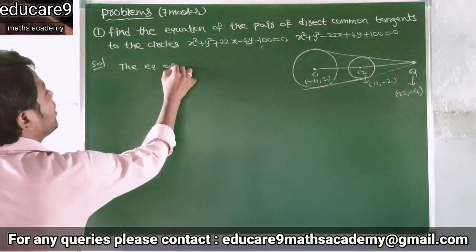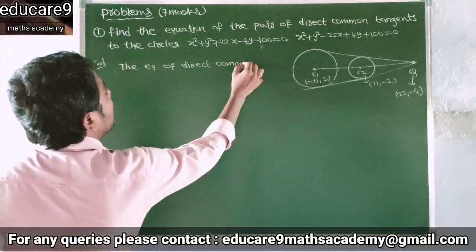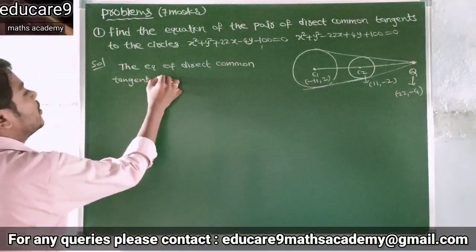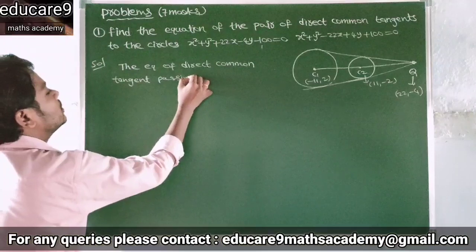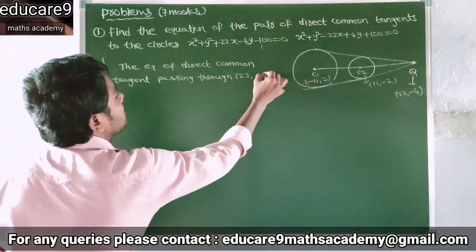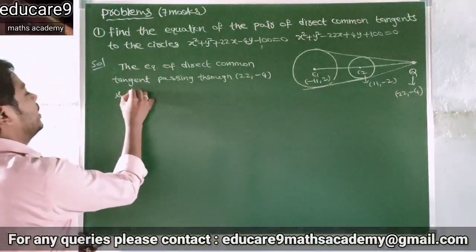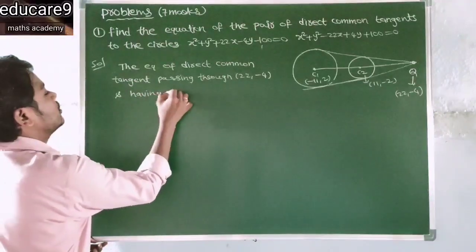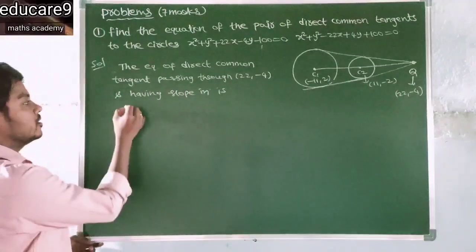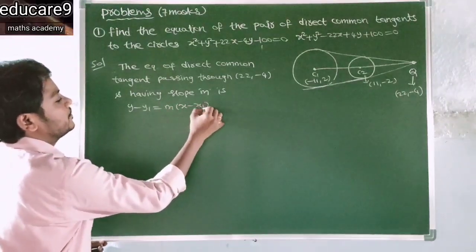The equation of the direct common tangent passing through 22 comma minus 4, and having slope m, is y minus y1 is equal to m of x minus x1.